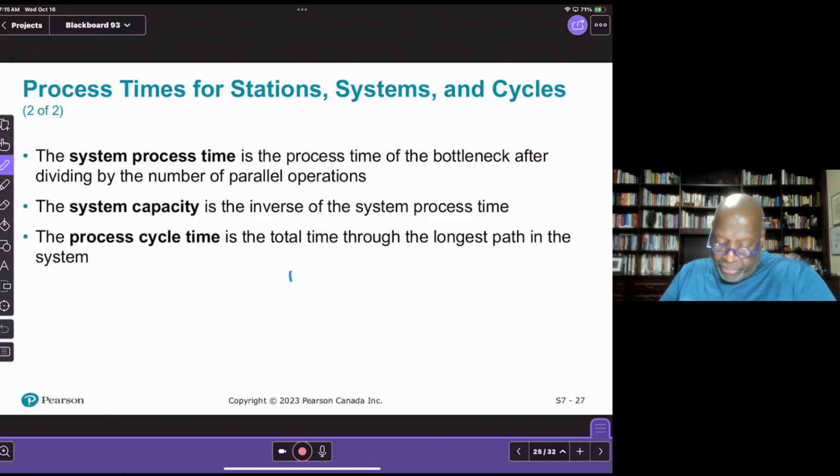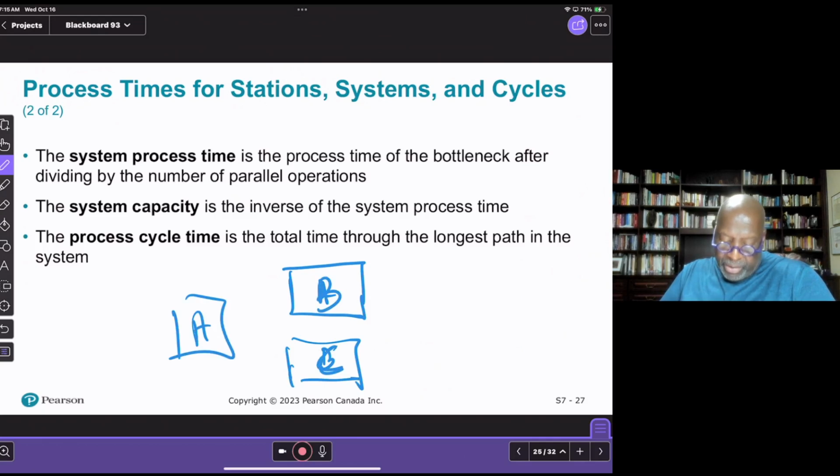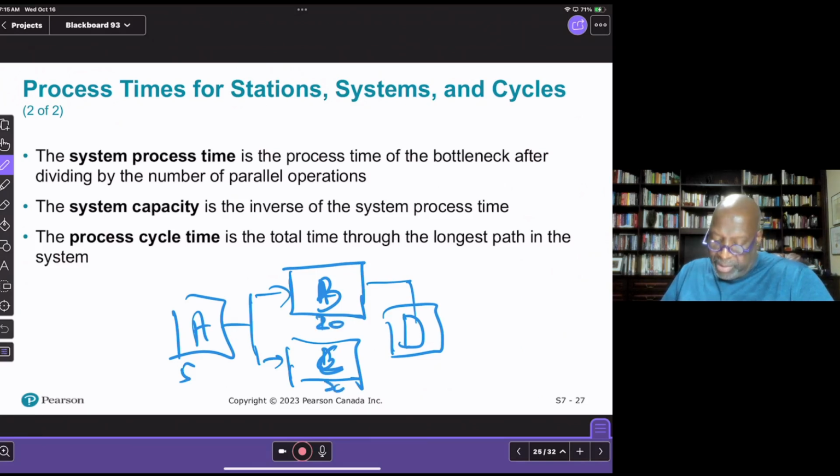If I have 2 bottleneck activities, let's call them B and C, with A before them and D after. Let's say A is 5, B and C are 20 each, and D is 8.